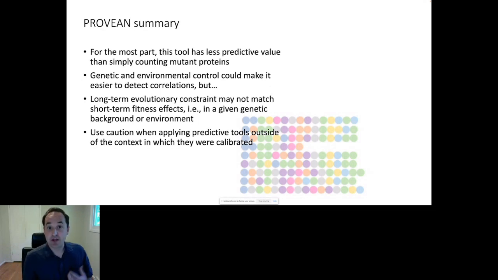I still think this implies that we should use caution when applying these predictive tools outside of the context in which they were calibrated, and it may be that the best conclusion is that what Provean is detecting are things that are detrimental in the long run on average, but that might not mean that they're detrimental in the particular case you're studying.